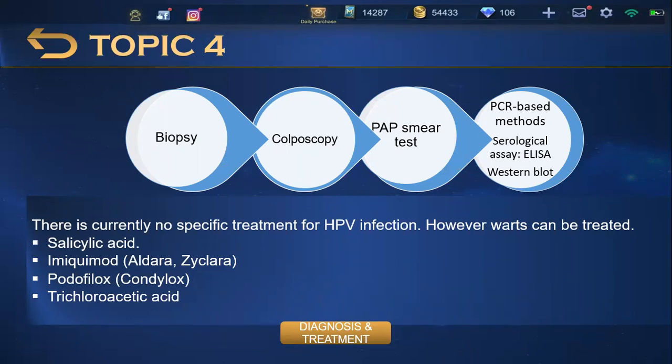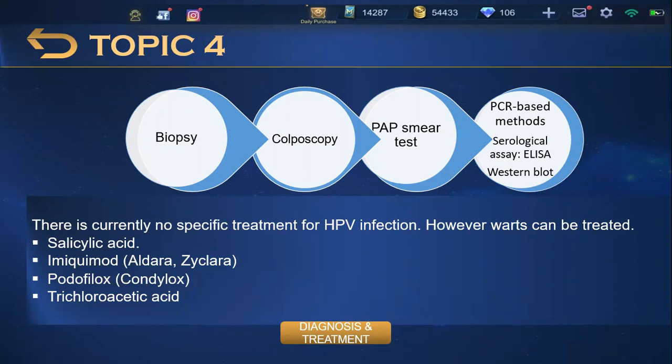Next is imiquimod, Aldara or Zyclara. This prescription cream might enhance your immune system's ability to fight the HPV. Common side effects include redness and swelling at the application site.